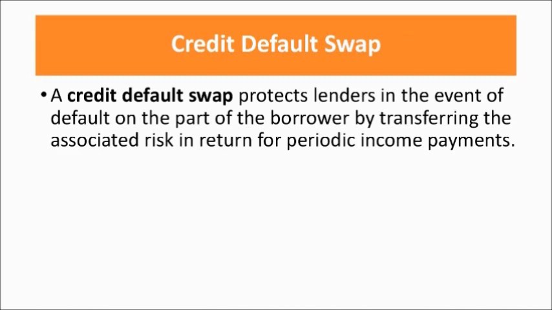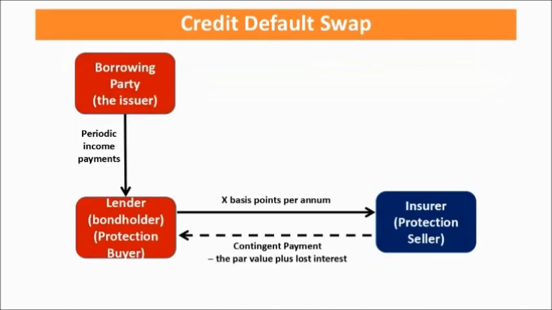Let us see by an example how this happens. So here there are two parties in red, one is the borrowing party, one is the lending party. Let's consider an example where the borrowing party issued a bond. So what is a bond?